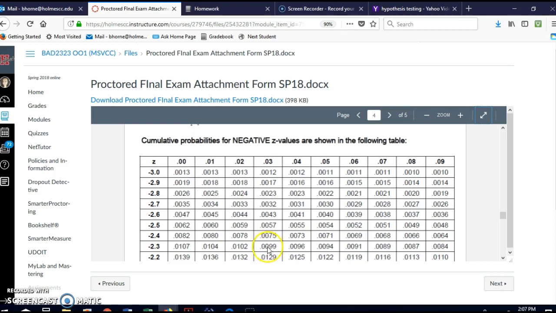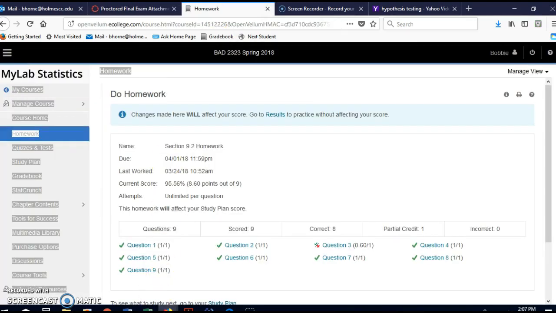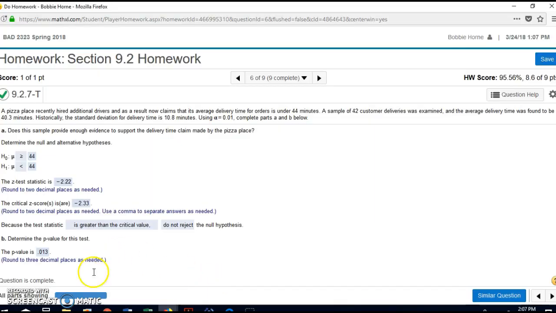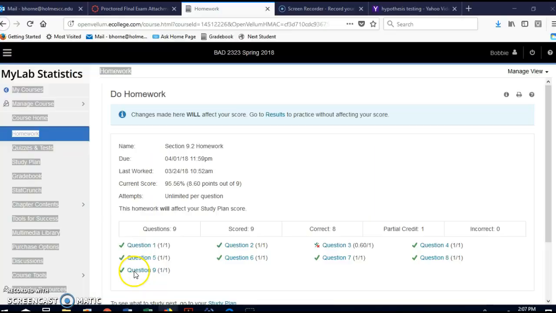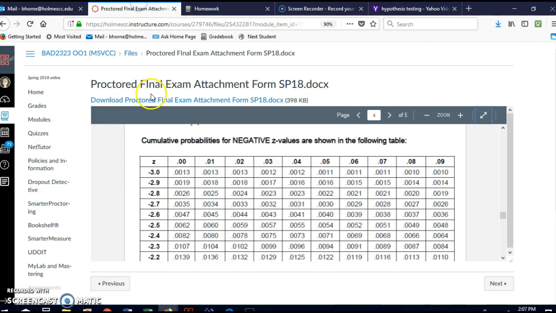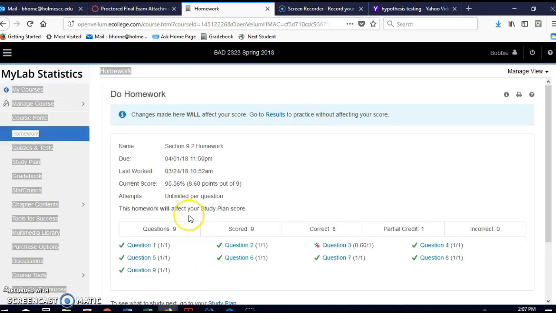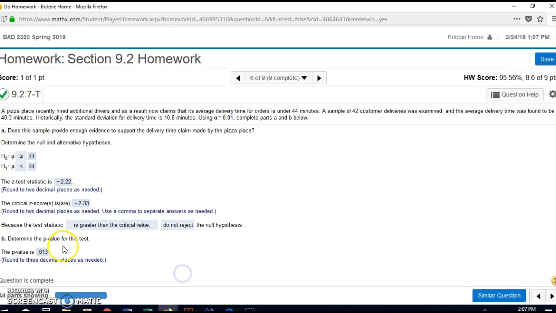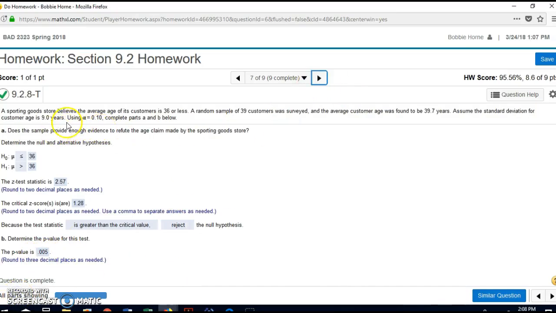And you get 0.0099. I think I looked at the wrong value. Let me go back. Our test statistic is negative 2.22, so 0.0132. 0.013.